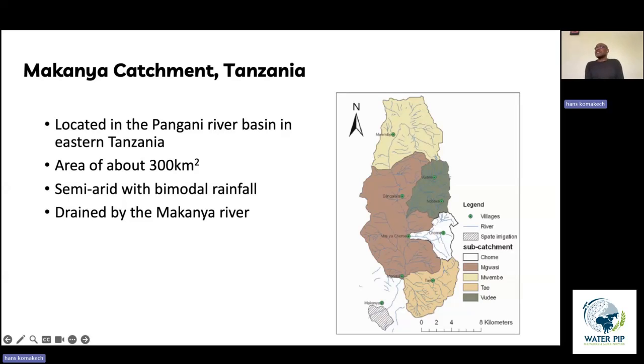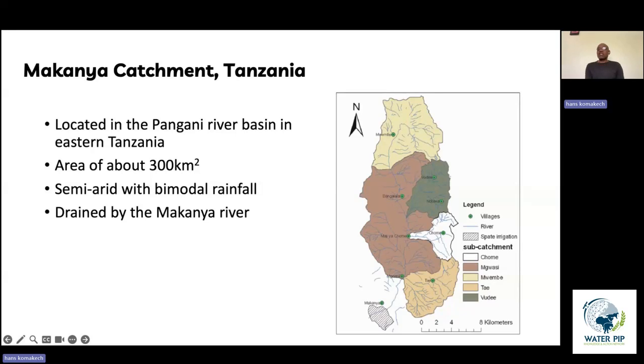Using this brief conceptualization, I wanted to see how the canal system in the Makanya catchment in Tanzania was working. This is a small catchment, about 300 square kilometers, in the northern part of the country.